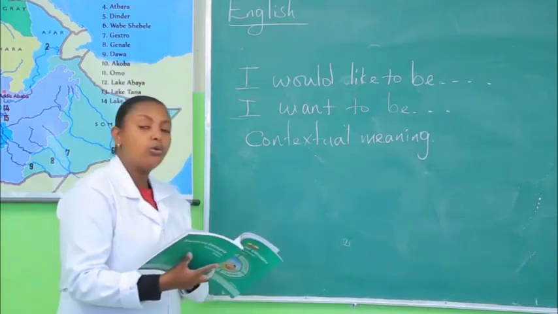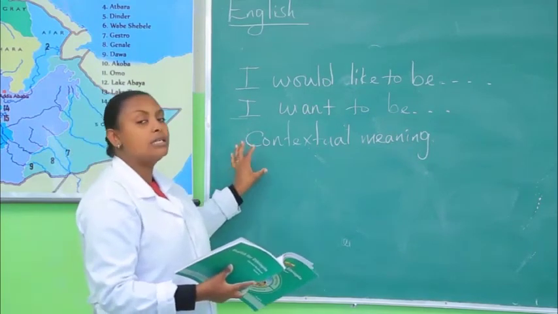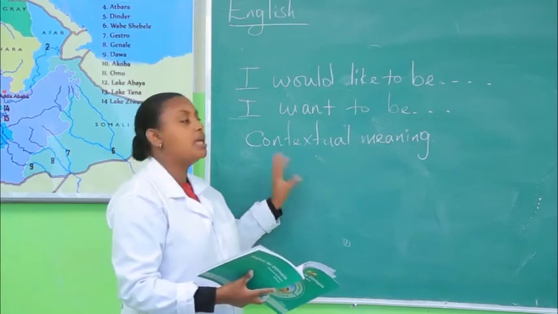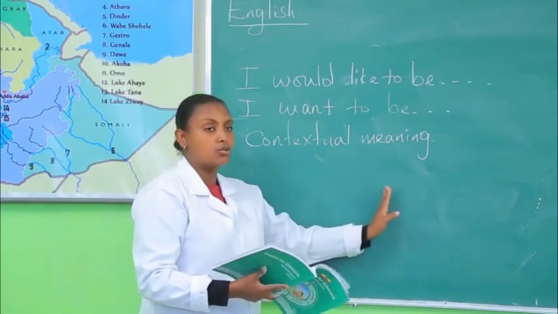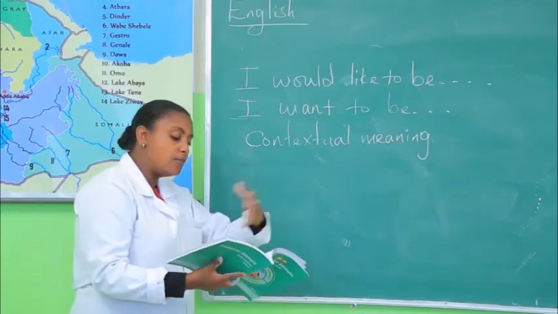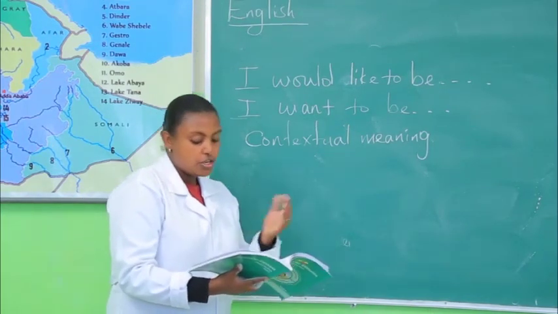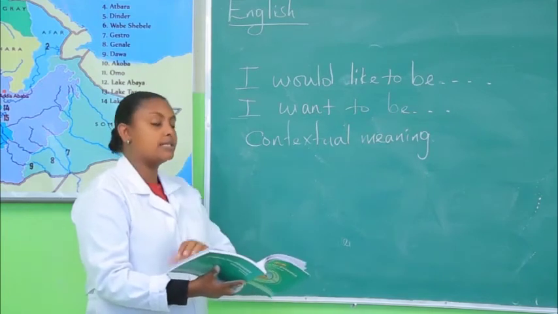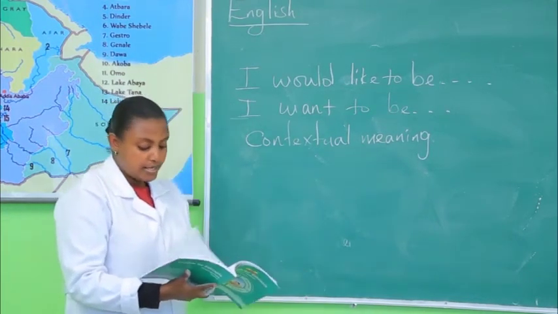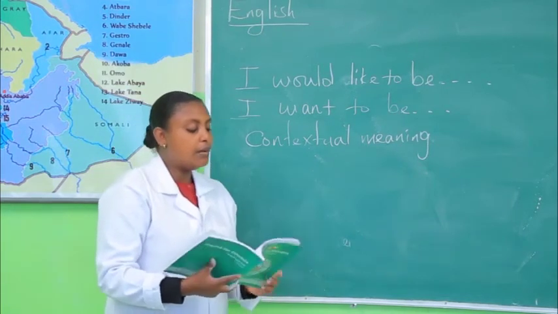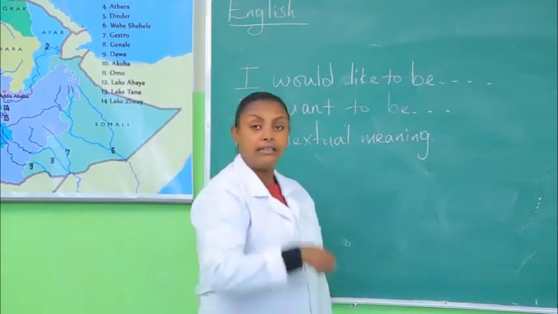But what I want you to do is read the passage by yourself and then try to guess the meaning of these words from the context in the passage. So you can guess the meanings and do the vocabulary just using this way. The next thing is about can and can't.